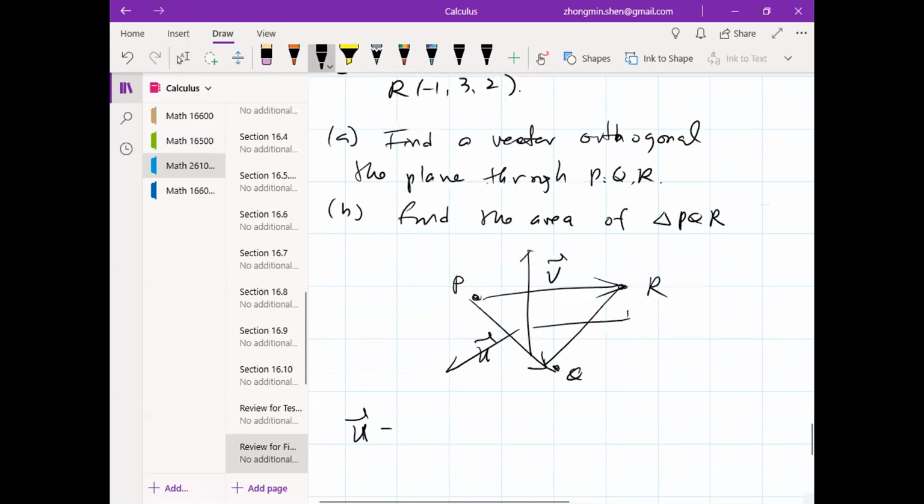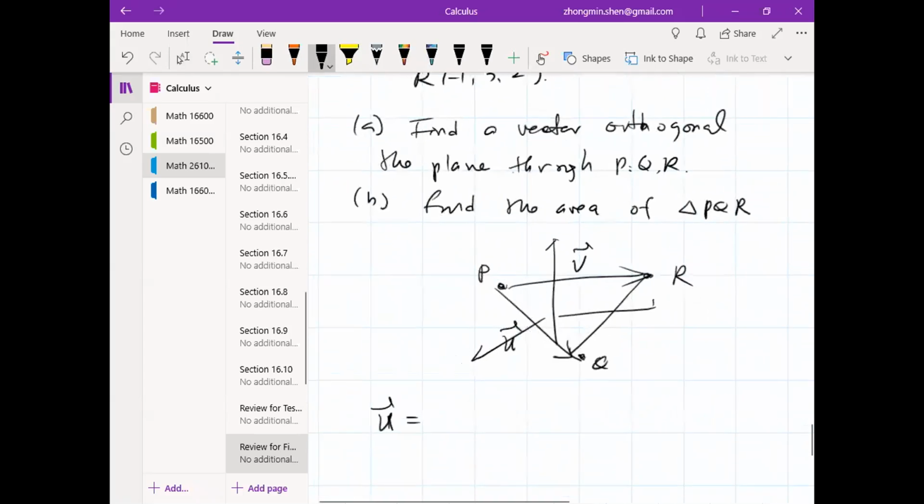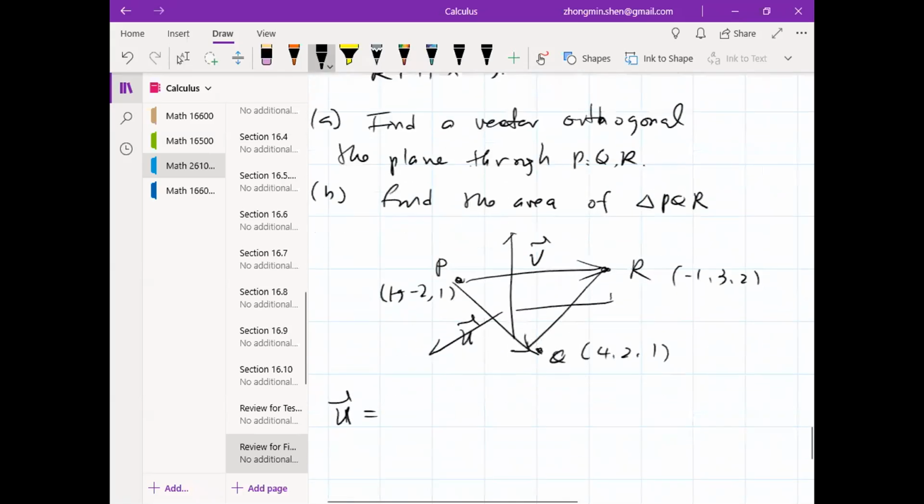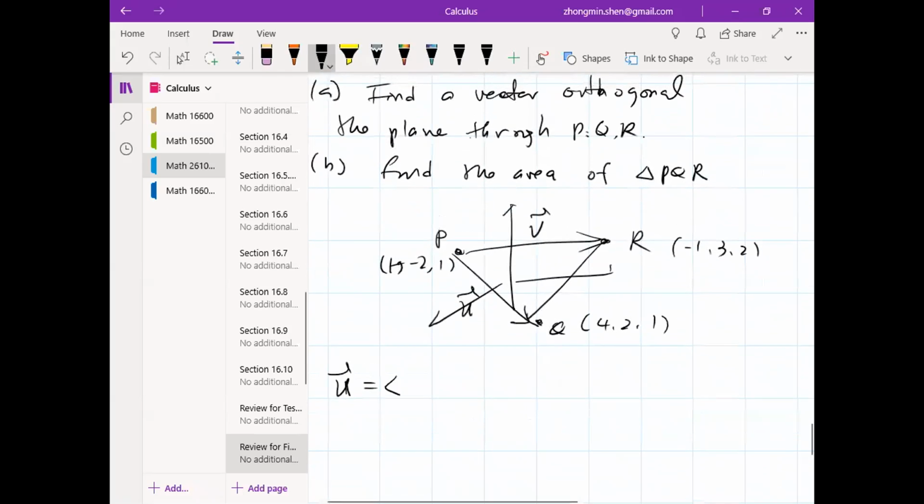The cross product is perpendicular to the plane. So U is going to be the difference of those 2 points. Let me put the coordinates here: 1, -2, 1; 4, 2, 1; and -1, 3, and 2. The difference of those 2 points will be 4 minus 1 is 3, 2 minus -2 is 4, 1 minus 1 is 0. V is the difference of these 2 points: -1 minus 1 is -2, 3 minus -2 is 5, and 2 minus 1 is 1.